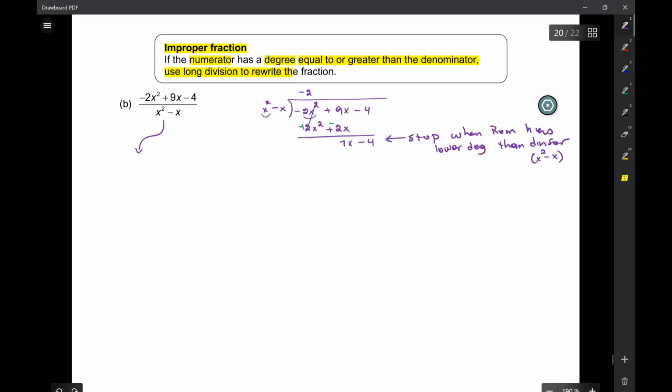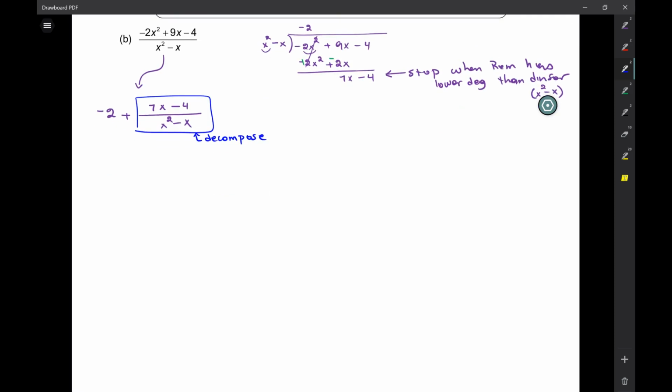This fraction now can be rewritten as negative 2, that's the quotient, plus 7x minus 4 over x squared minus x. Remember from Algebra 2 and from chapter 2, that's how we rewrite that. Now, this part is the one you're going to decompose. And then what do you get from negative 2? You just tack it on at the very end. So now we're just going to decompose that one.